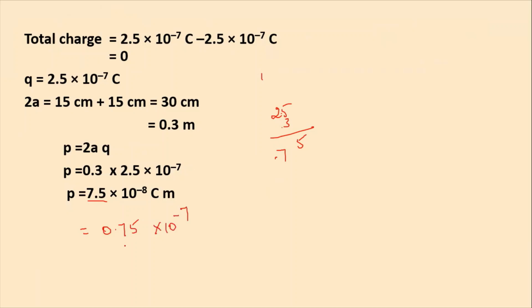Now to write it in scientific notation, it is 7.5 into 10 to the power minus 8 coulomb meter.